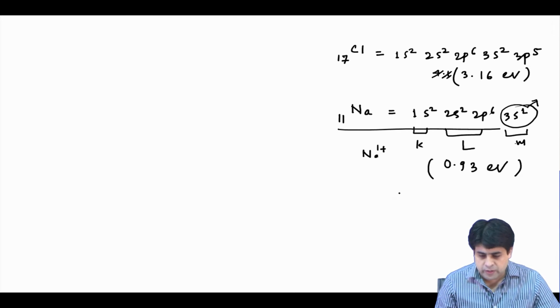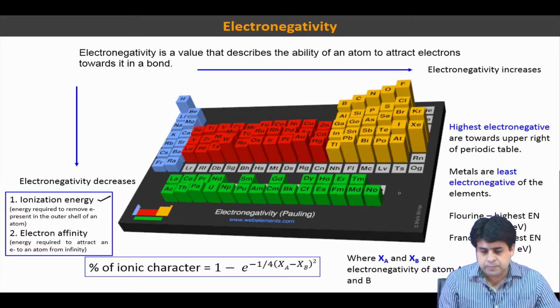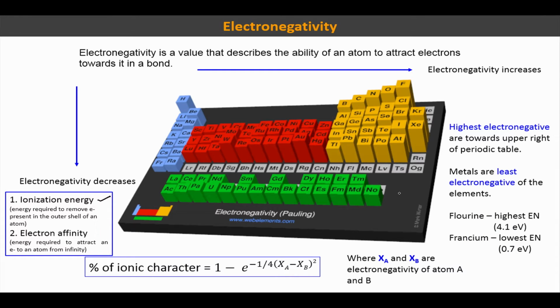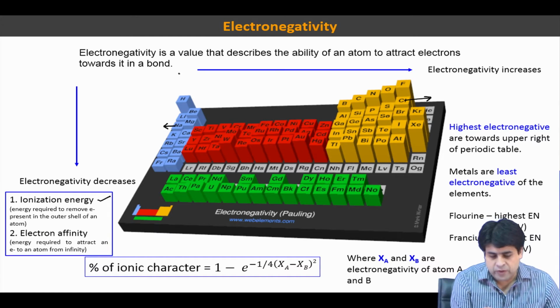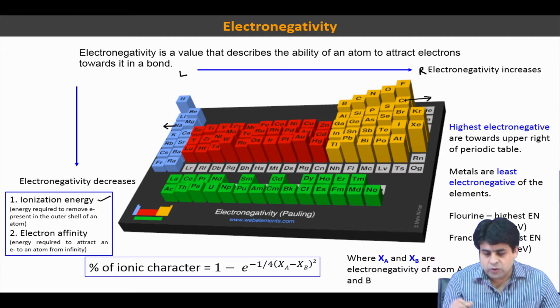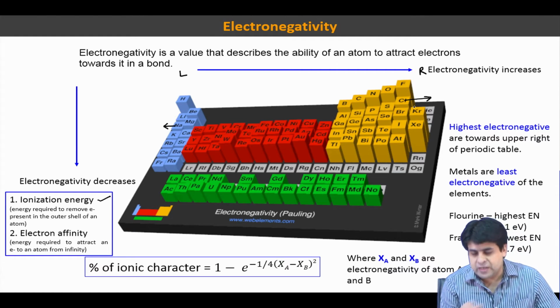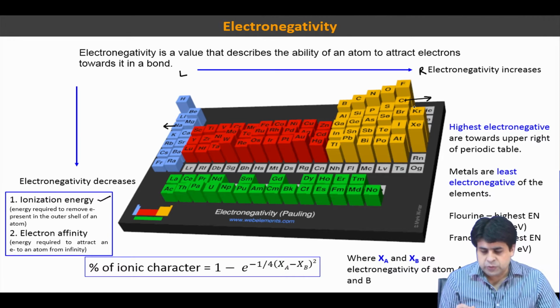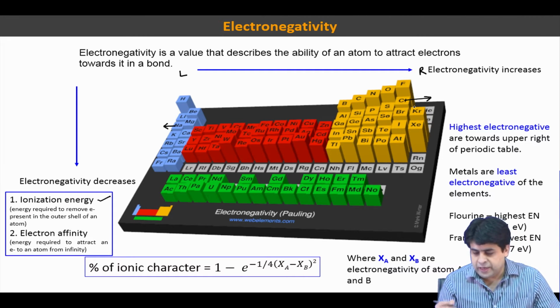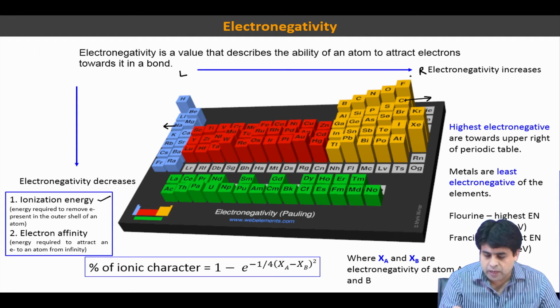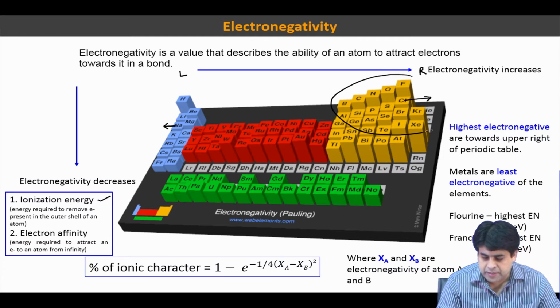If you see this diagram, your sodium atom is here and your chlorine atom is here. When you go from left to right, you observe that electronegativity is increasing. If you see the highest electronegativity, most of these blocks are present on this side.